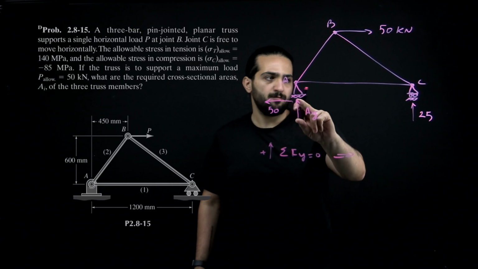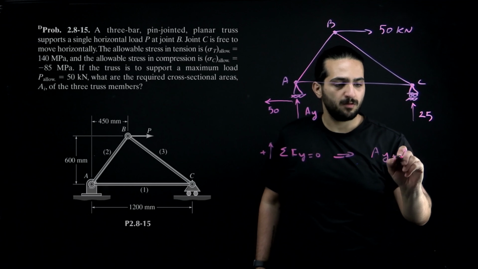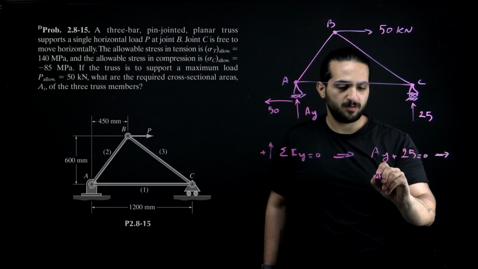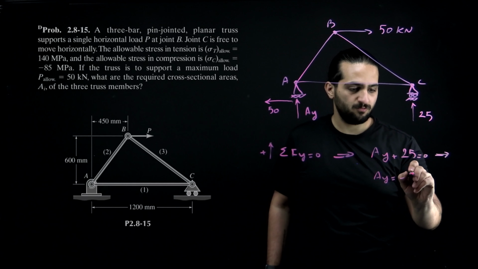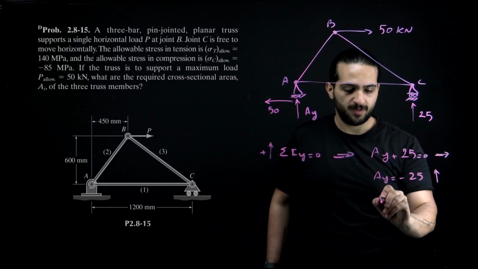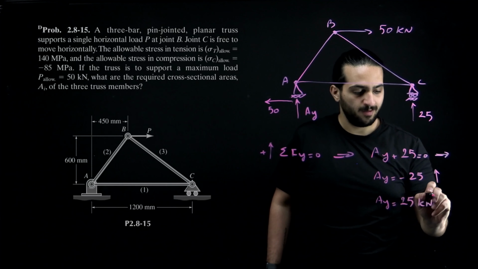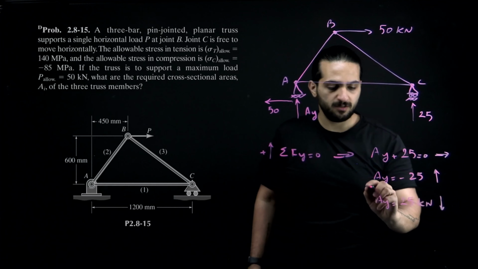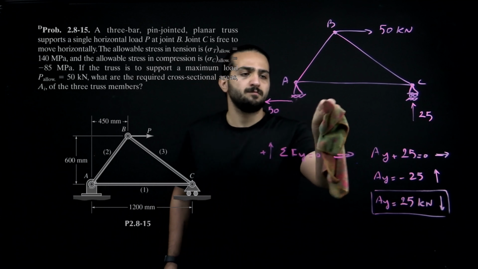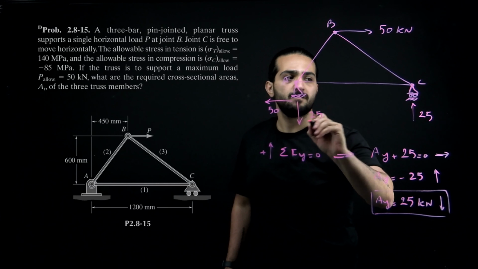So AY plus 25 is equal to 0. So AY is minus 25 in this direction, or AY is 25 kN, but in this direction.